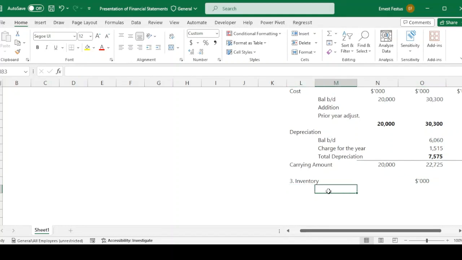So when it comes to inventory valuation, I'll have my costs, the cost of the inventory.